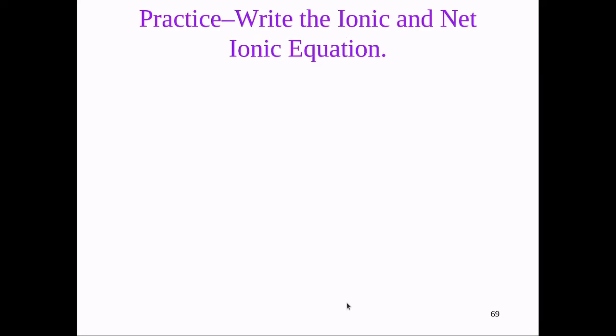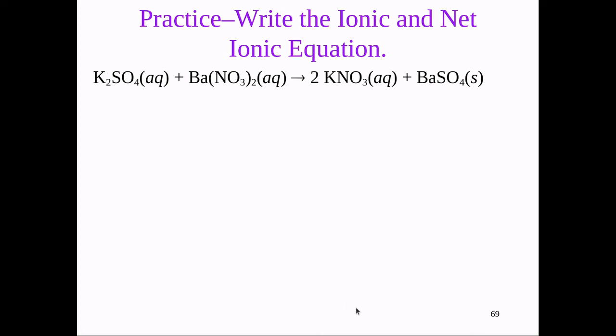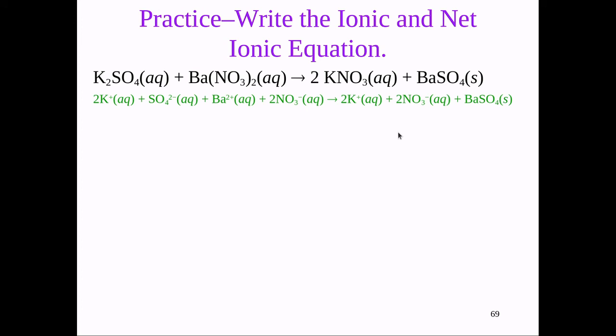Let's do a little practice. Let's write the ionic and net ionic equation for this guy right here. Give you a moment. So anywhere where I see aqueous, I'm decomposing it down into its ions.